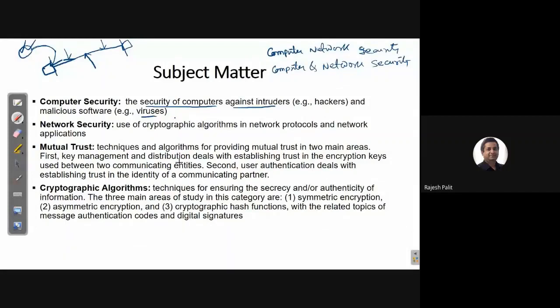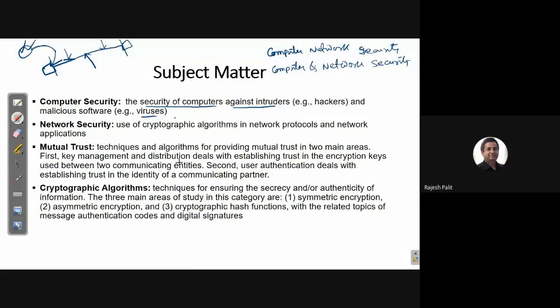You build trust by presenting the ATM card and the PIN, or over the internet, by submitting a user ID and password, and even more things if required, such as a one time password. That is how to establish trust. The first part is that we need to establish trust with certain entities or organizations so that we can use cryptographic algorithms. So these are the three things: computer security, network security, and mutual trust.